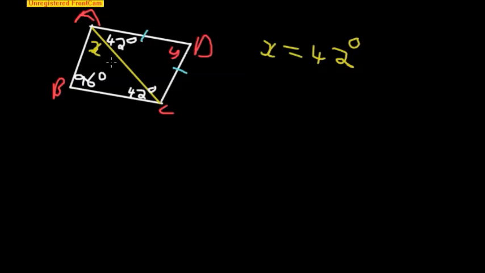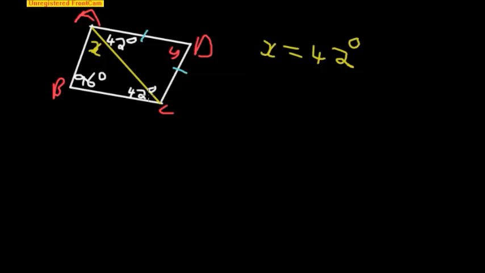Next we need to classify triangle ABC. Now that we have calculated that x equals 42, we see also that angle ACB is 42 degrees. So we have two angles that are 42 degrees. Therefore, because we have two angles that are the same, we will also have two side lengths that are the same.